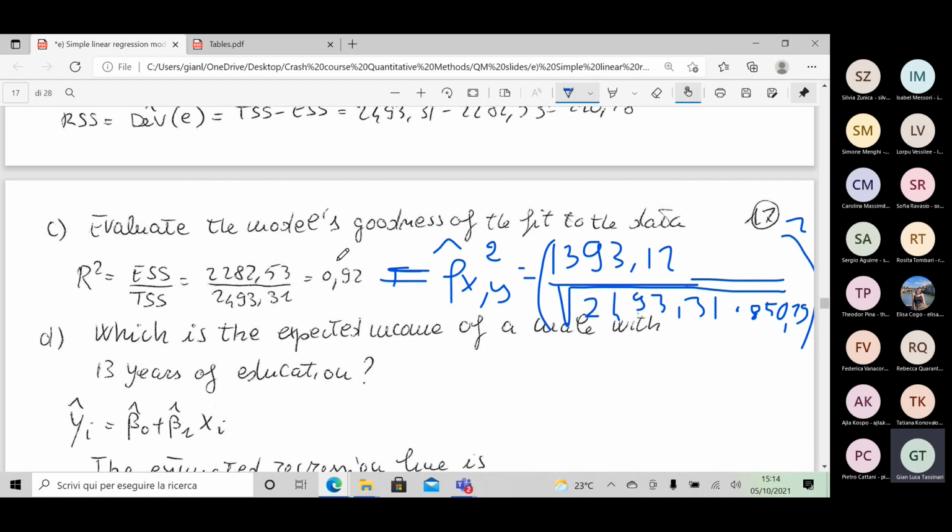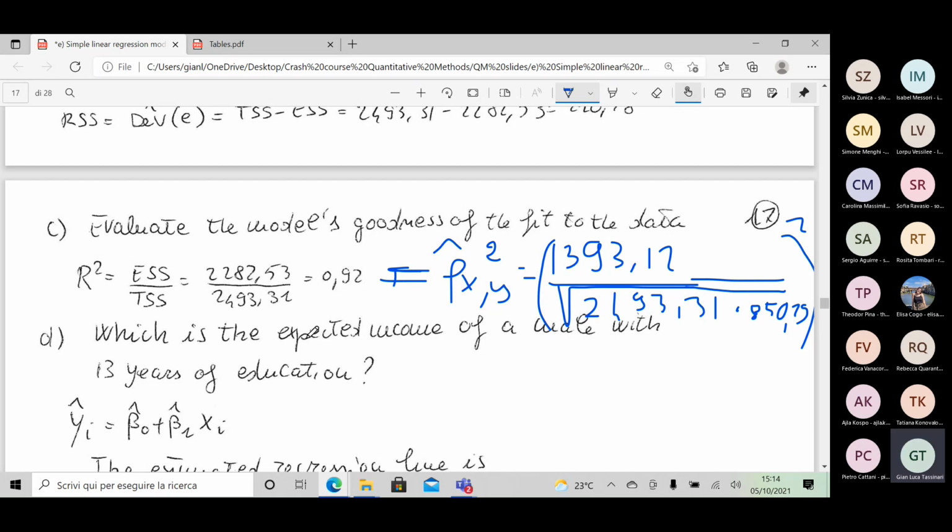So the goodness of the fit of our model is high because it is the 92% of the maximum possible level of goodness of the fit, because theoretically the maximum value is 1. So 0.92 is the 92% of 1. So it's very high. Okay.